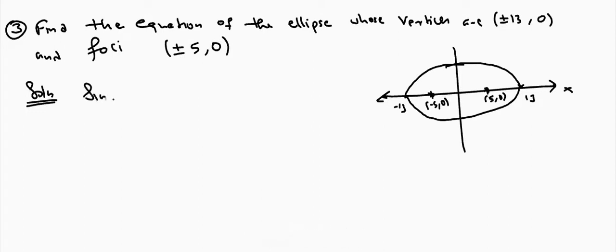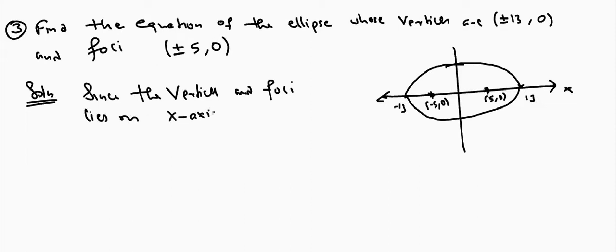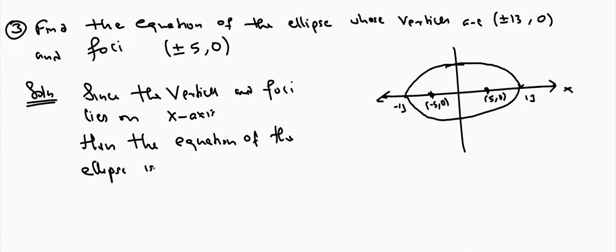Since the vertices and foci lie on the x-axis, the equation of the ellipse is of the first type, x square by a square plus y square by b square equals 1.